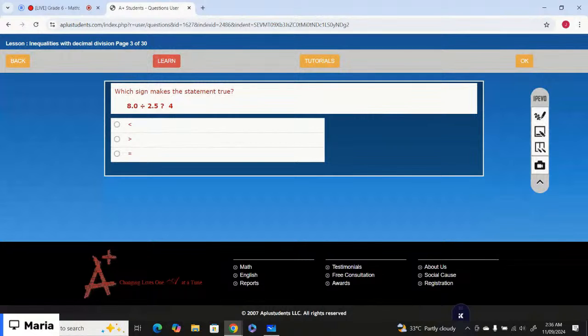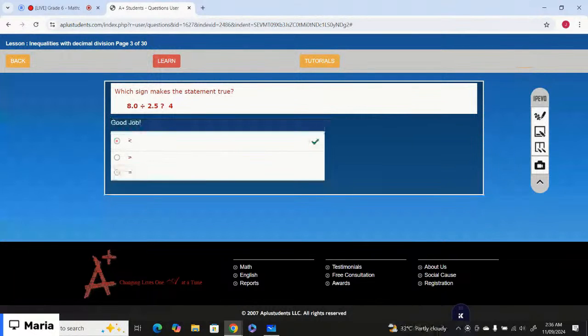Less it is. The correct option is less than, option number 1 is the correct option.